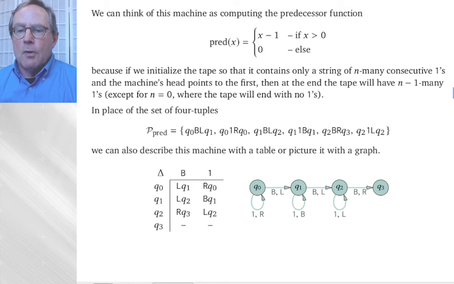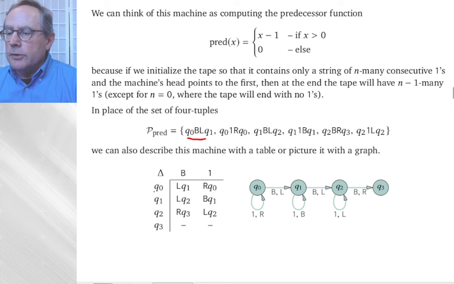So for example, for the machine, if you're in state Q0 and you're reading a blank, then you're supposed to move to the left and go into state Q1. Well, right here, Q0 and reading a blank, you're supposed to move to the left and put yourself in state Q1. So this is just simply an organized picture of what the 4 tuples are saying.